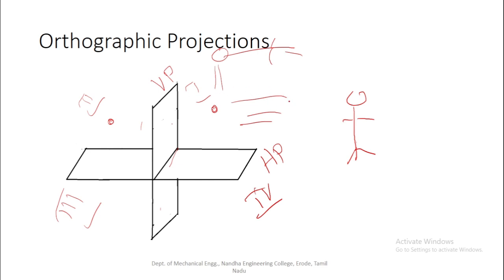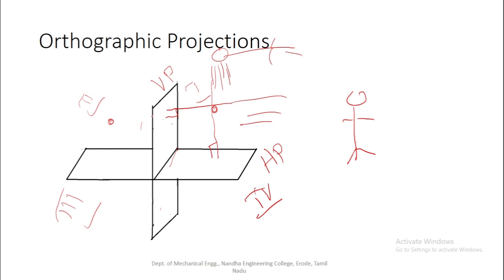Suppose the observer is in the position of the front view, the rays coming out from the observer are perpendicular to the vertical plane. Similarly, to draw the top view, the rays coming out from the observer's eyes are parallel to each other, and all the rays are perpendicular to the horizontal plane. This is called orthographic projection.